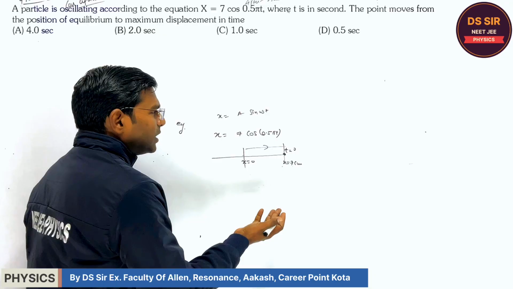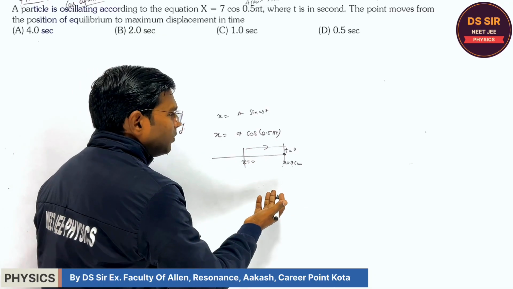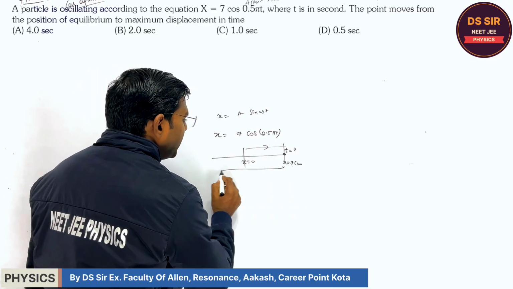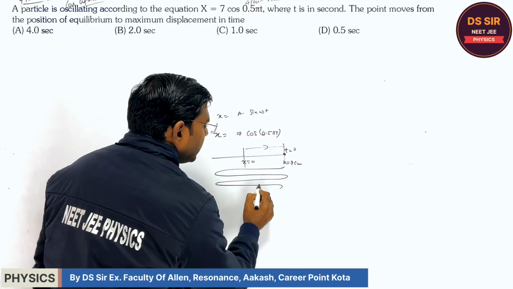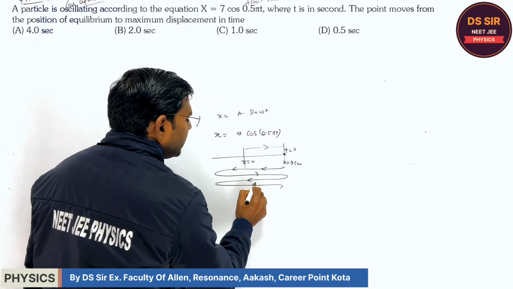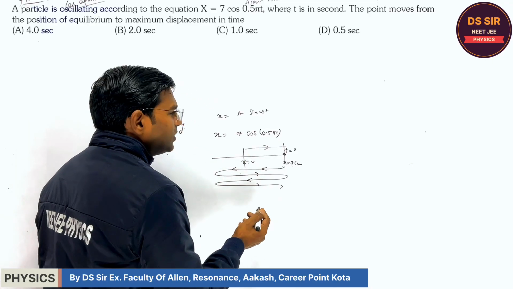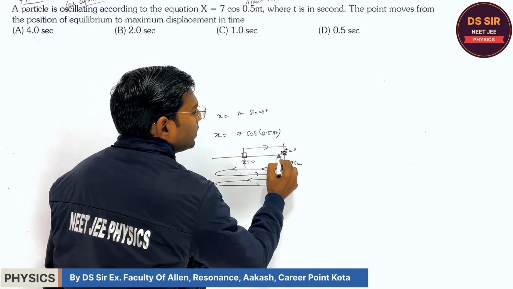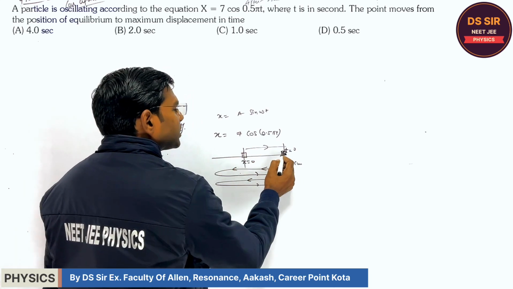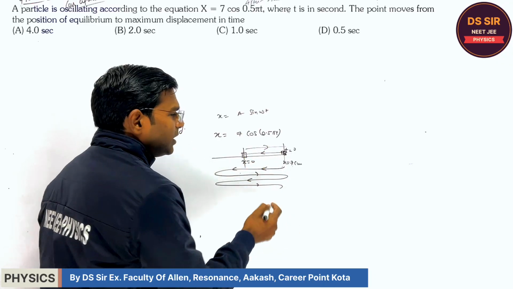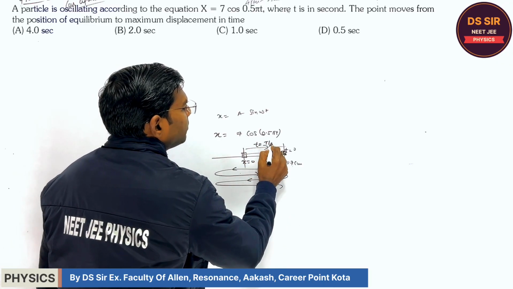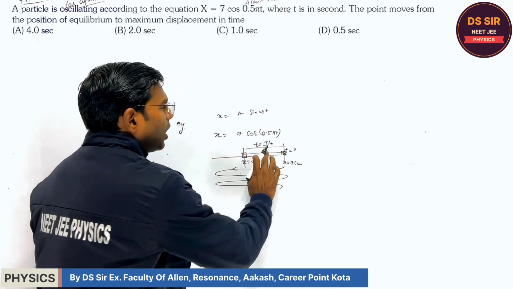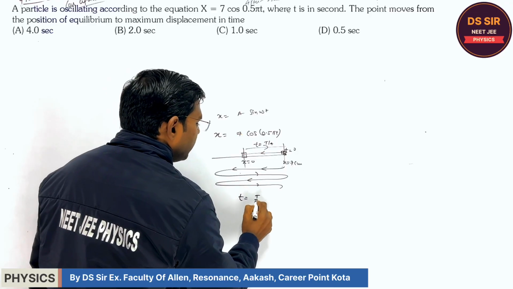But it does not matter what the time period is. Time period will be the same, right? There is no difference in the time period. They are asking the time. What is the time they are asking? From mean position to extreme position, or extreme position to the mean position, the time is the same. And what is that time? Say T by 4. So how to find the time? It is equal to T by 4.